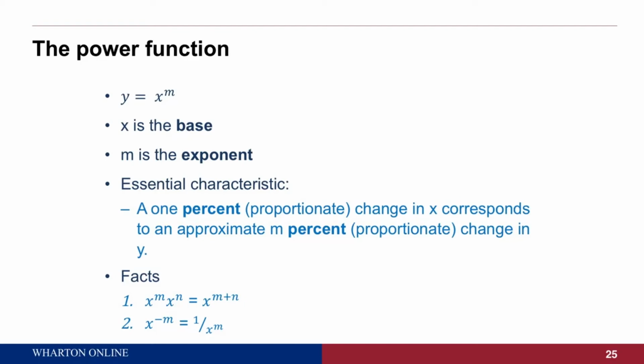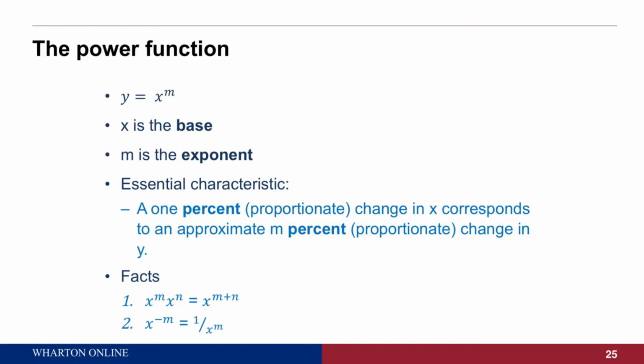Now here comes the essential characteristic of the power function, just as the essential characteristic of the straight line was that its slope was constant. There's something constant in a power function, but it's not the slope anymore. Here's what it is.